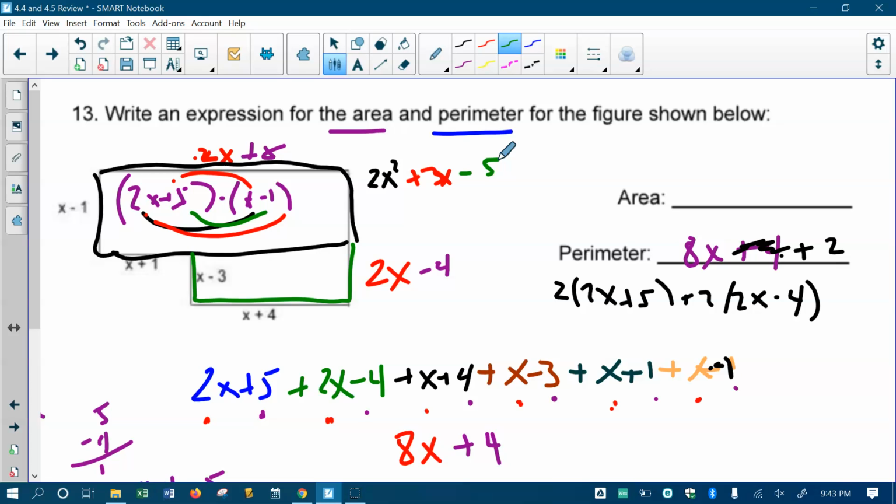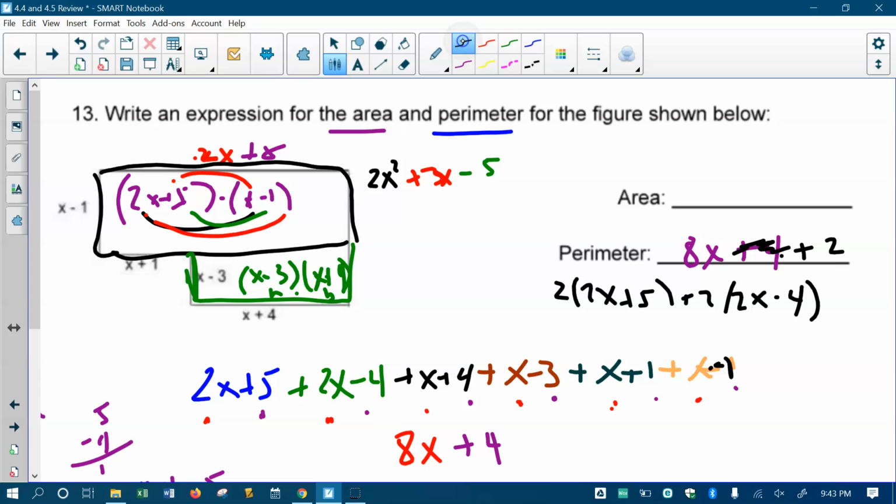My second area is going to be, now I don't really need this 2x minus 4 anymore, because I'm not talking about the entire length. I'm just talking about this green part. And this green part is going to be x minus 3 times x plus 4. So I need a height of x minus 3 times x plus 4. And I'll label here, this was my height times base.